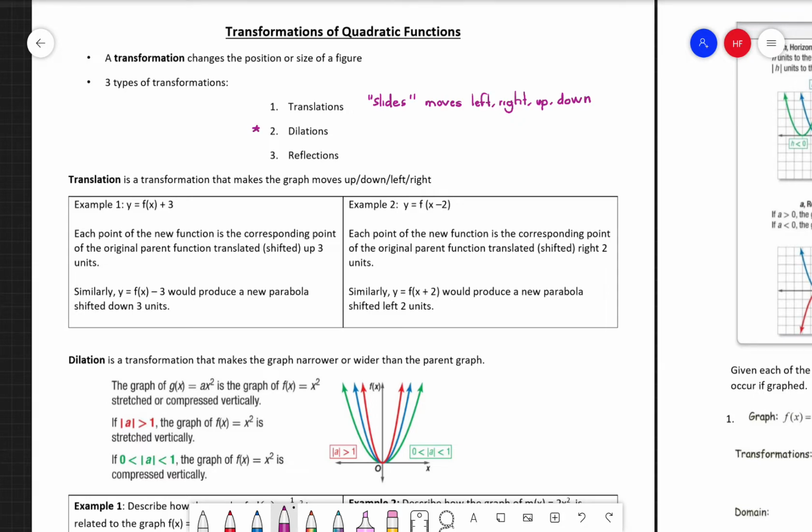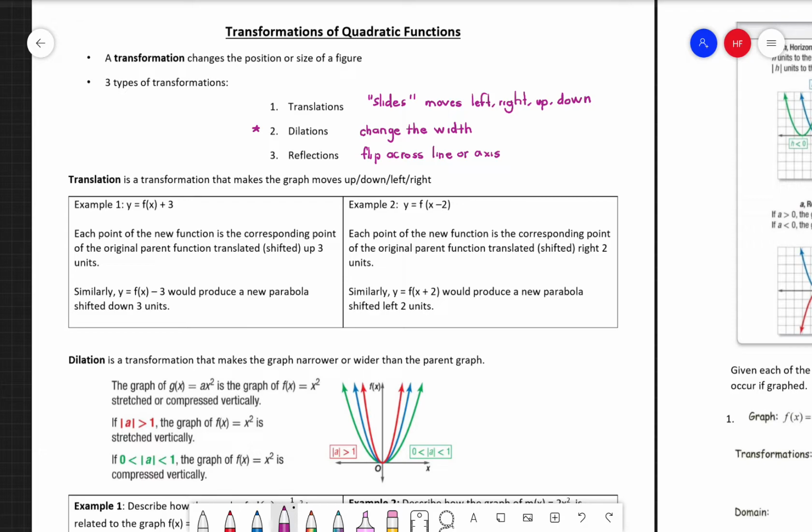And dilations are going to change the size, so they're going to change the width of our parabolas. And then reflections, we know that's where it's going to flip across a line or an axis. So those are three different types of transformations that we can have on a quadratic function.